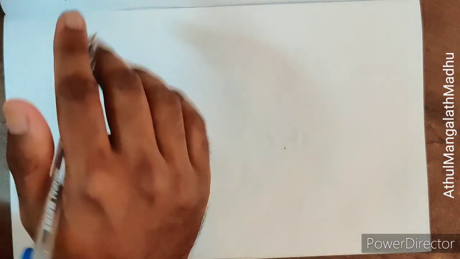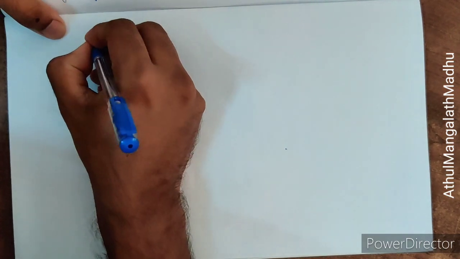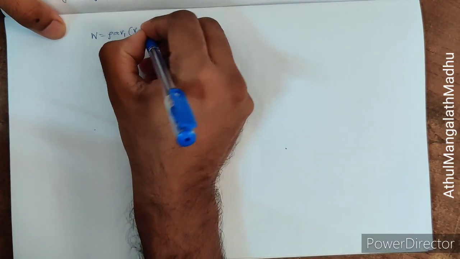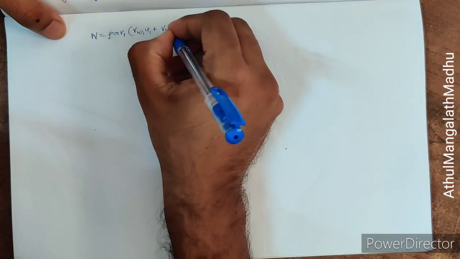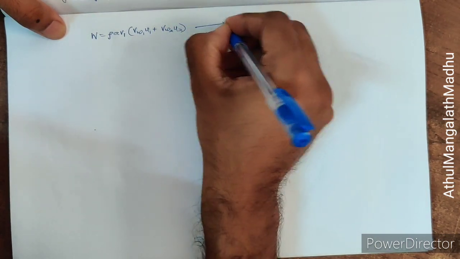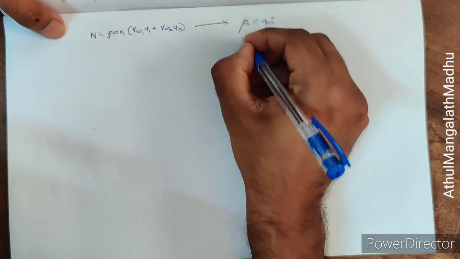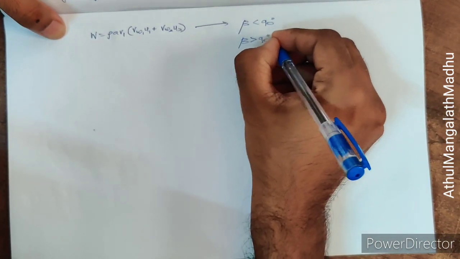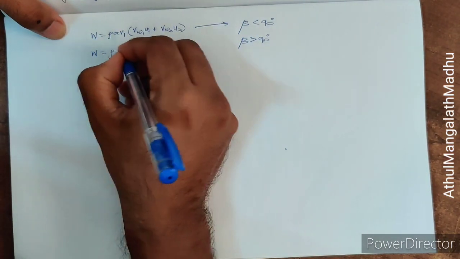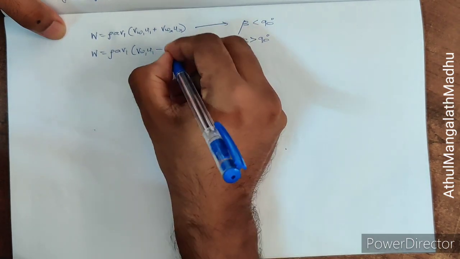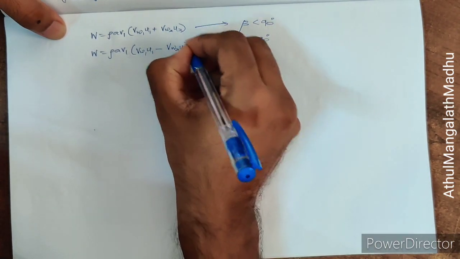That equation which we have written, the work done equal to rho A V1 into (Vw1 u1 plus Vw2 u2), is applicable when beta is less than 90 degrees. When beta is more than 90 degrees, the work done will be equal to rho A V1 into (Vw1 u1 minus Vw2 u2).